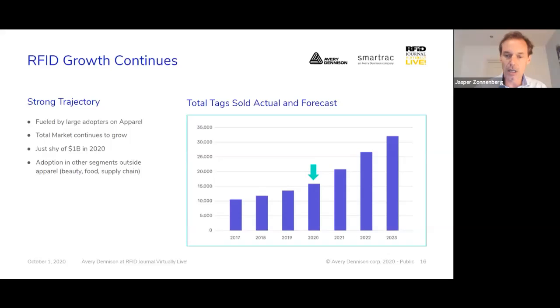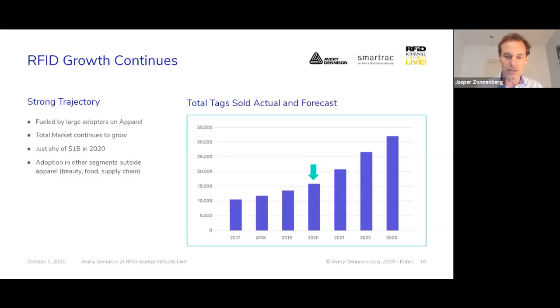We also see a lot of new use cases in beauty, and I will pick out one in the end, food, and also logistics, automotive, manufacturing in general, but also fast growing are the opportunities in the pharma and healthcare space.